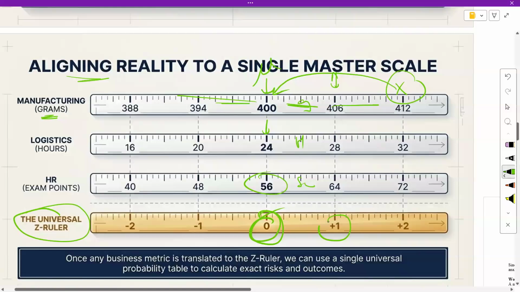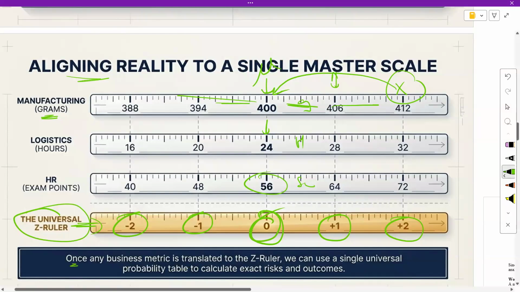Here standard deviation 1, standard deviation plus 2. Here standard deviation minus 1, minus 2. Now, this is the universal ruler. In any business context, we can apply this Z. Your A-level examination marks can be converted into Z.